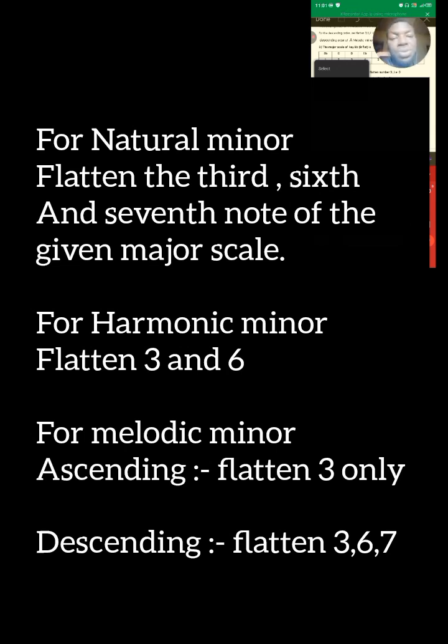Also, ascending uses the same formula as descending, so no problem. Now the melodic minor is the one that is different. For the ascending order of melodic minor, you flatten only the 3rd, but for the descending order, you flatten the 3rd, the 6th, and the 7th.